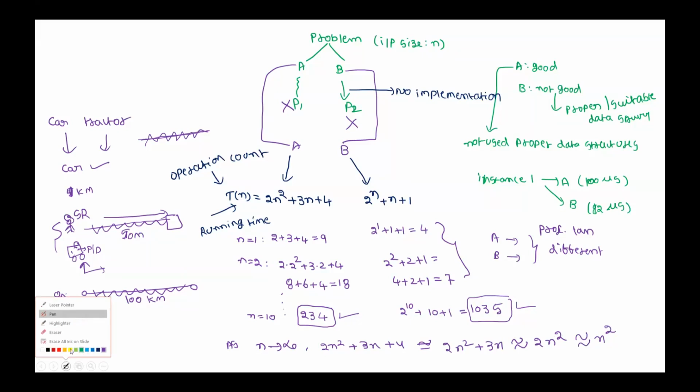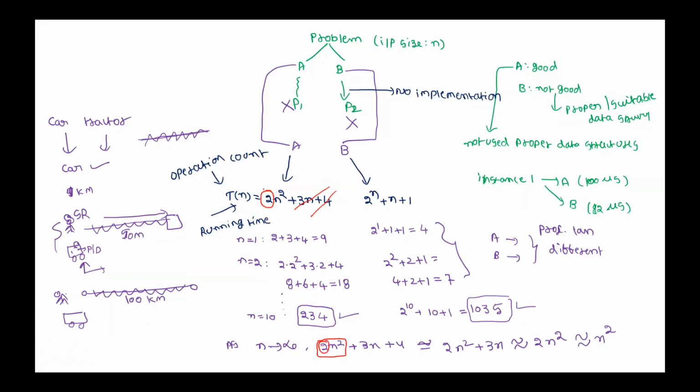So what have we done here? In the given T of n, the running time, we have dropped all lower order terms. Not only that, we also dropped the constant coefficient of the highest order term. Here the constant coefficient is only 2.